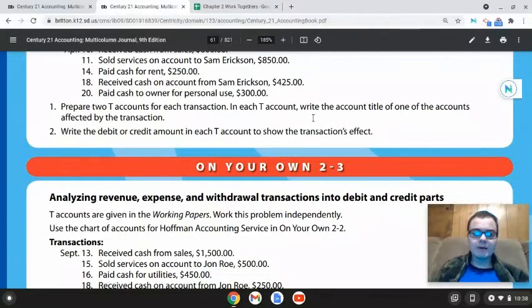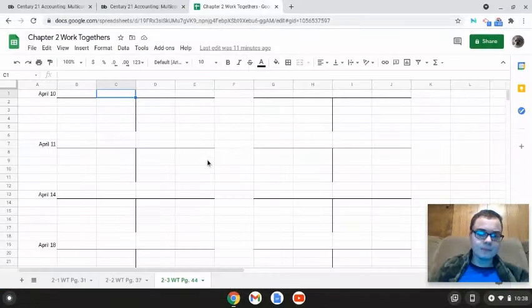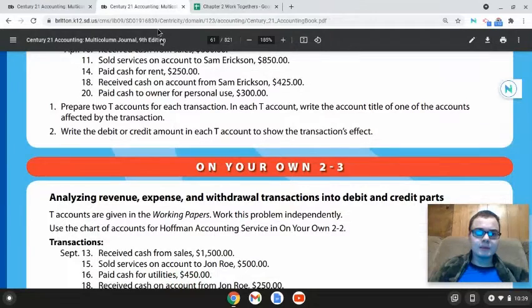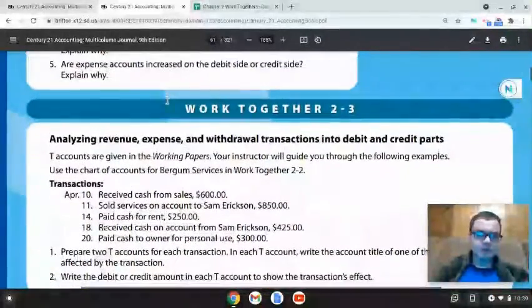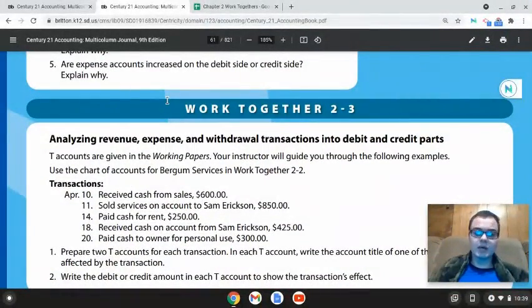Alright, so I have already created and typed up T accounts in Google Sheets, so that way you don't have to see me creating them and copying and pasting them over and over again. So here they are. I have also typed in the dates as well, so that way we know which transaction is which. So now let's jump right into the transactions for work together 2-3.